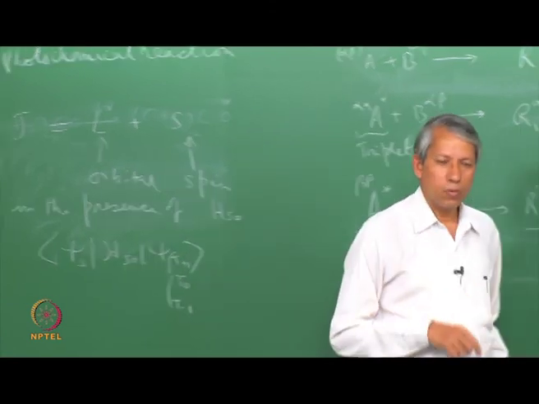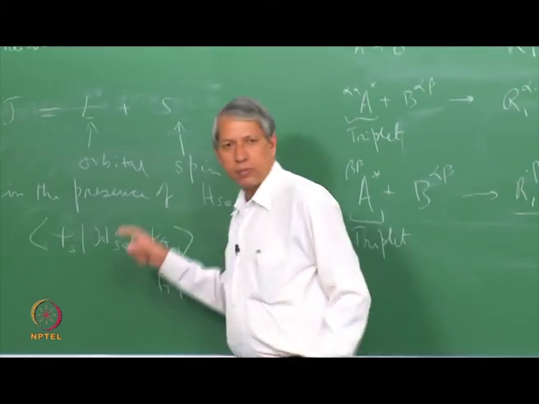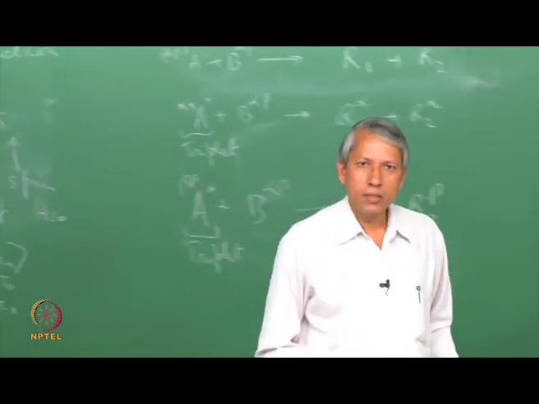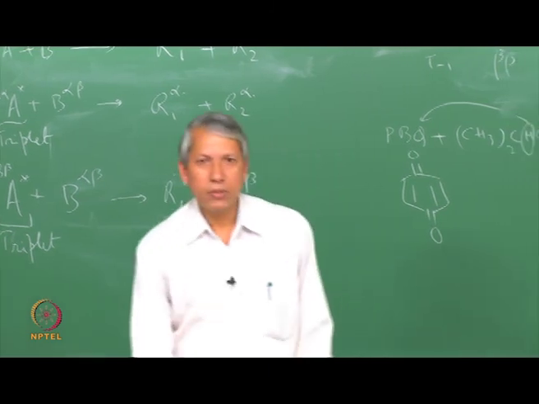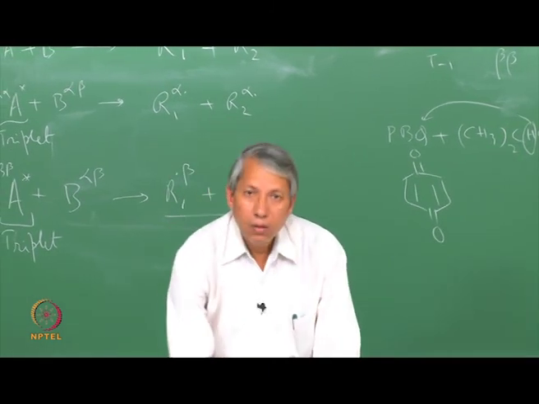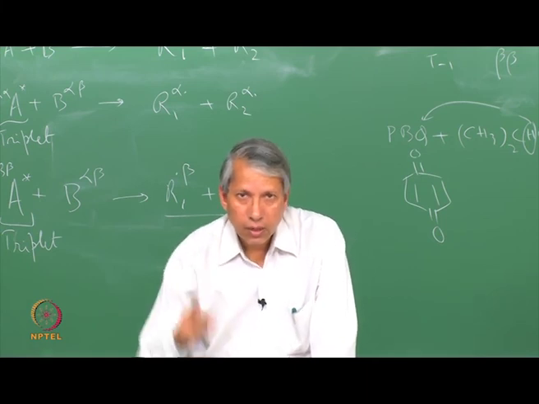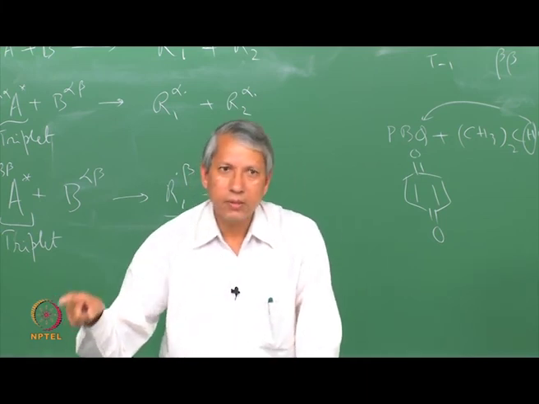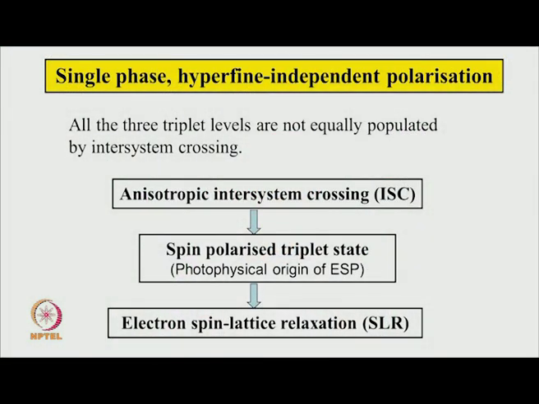So, by arguing in this fashion, we can see that the intersystem crossing rate may not be the same for all three triplet levels, and that is the key to the appearance of the selective population of the triplet state, and then finally the reaction taking place there to produce the polarized radical. Okay. So, let us summarize this single phase hyperfine independent polarization.